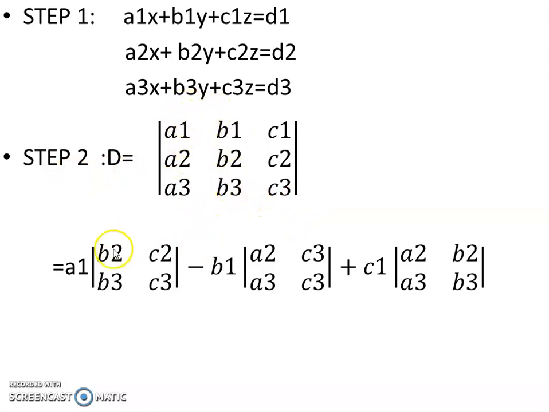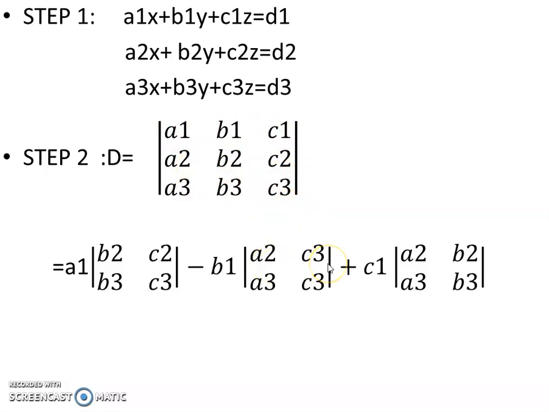So we have to fix a1, b1, c1, and we skip the first row and first column. We derive b2, c2, b3, c3. To find b1, skip column number 2 and row number 1: a2, c2, a3, c3.